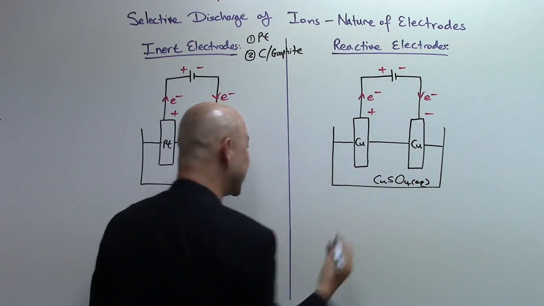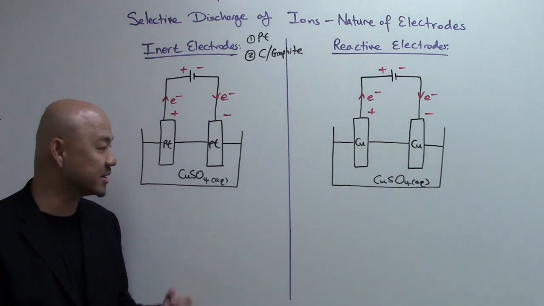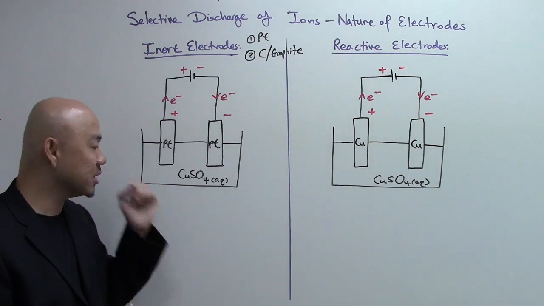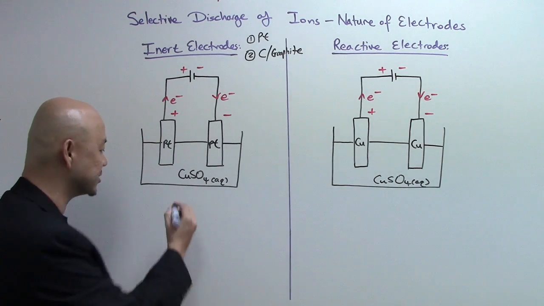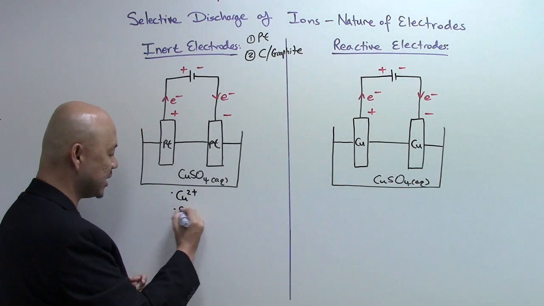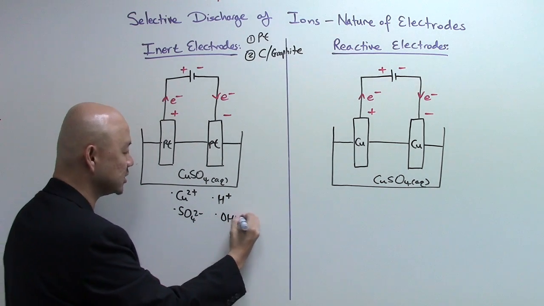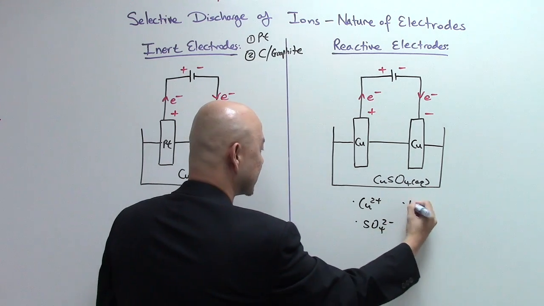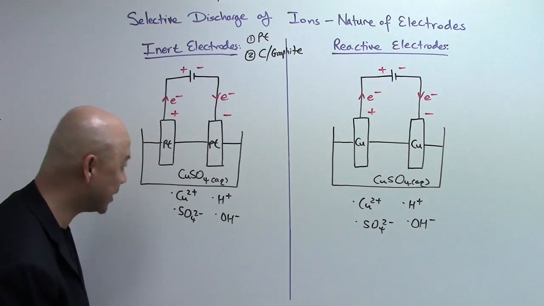If you still remember what I discussed in the previous videos, especially the one on basic concepts of electrolytic cells, I mentioned that as a first step, we should write down all the ions that are present in the electrolyte. So in this case, it's Cu2+, SO4 2-, and H+ from the partial dissociation of water. Same for here, you're going to have the same ions. I'm not writing the state symbols, you should know all of them are aqueous by now.